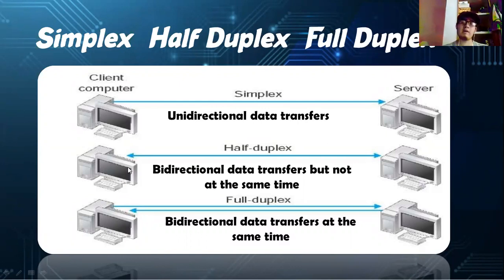Half duplex is when the data transfer is bidirectional, but not at the same time. And full duplex is when the data transfer is bidirectional and at the same time.